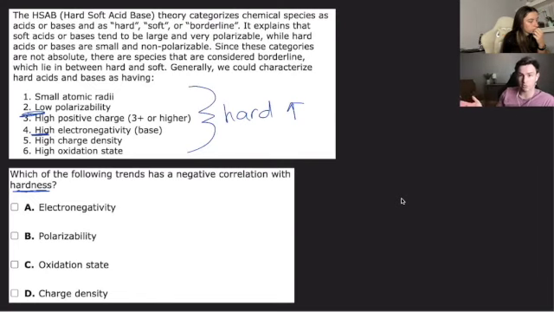That's a negative correlation, so I like B. I'll say maybe B. C is oxidation state, kind of the same logic as A. It literally says high oxidation state, and same for charge density. It literally just says high electronegativity, high charge density, high oxidation state. So just by applying the logic I used for A, you can rule out A, C, and D.